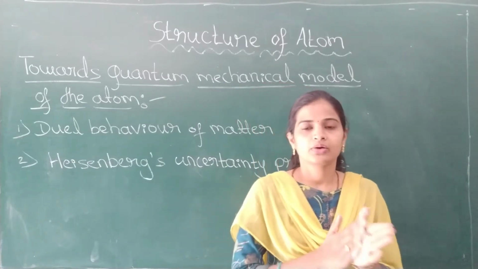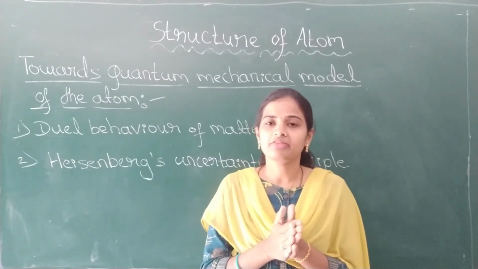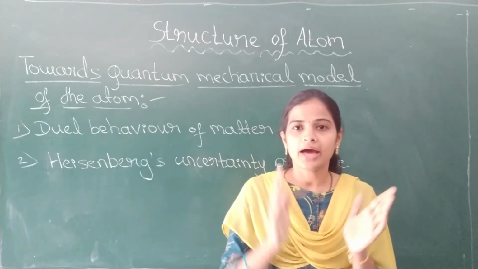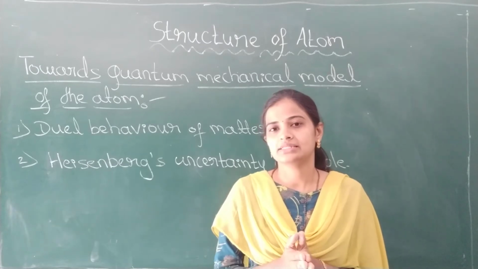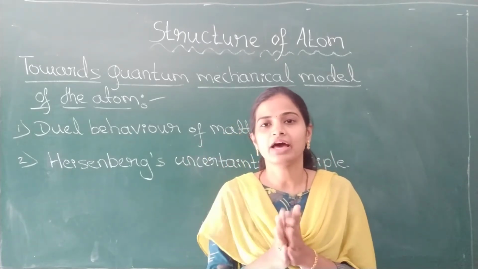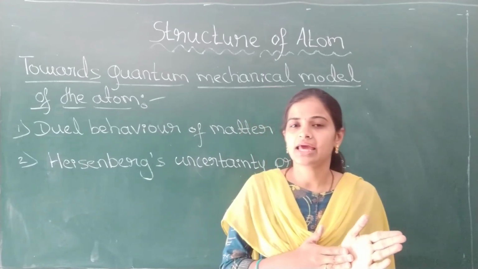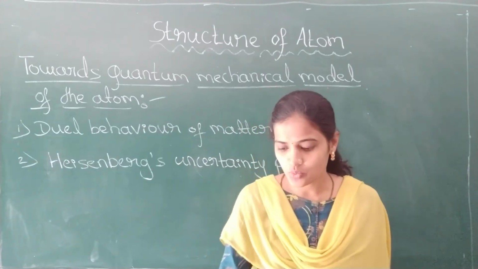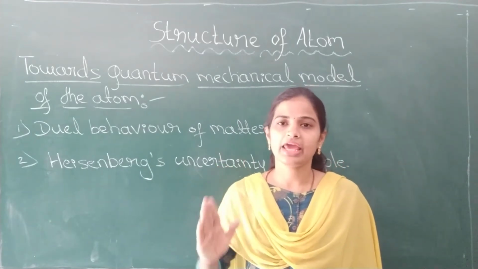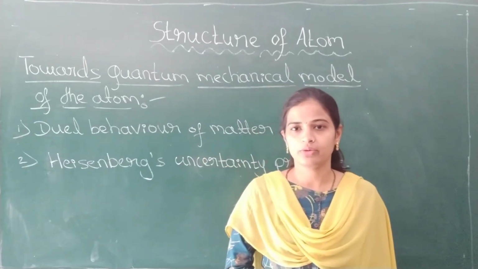We have agreed that light has both properties, that it can behave as a particle as well as it can also behave as a wave. That is what we call dual behavior of light. Light can behave as particle as well as wave.